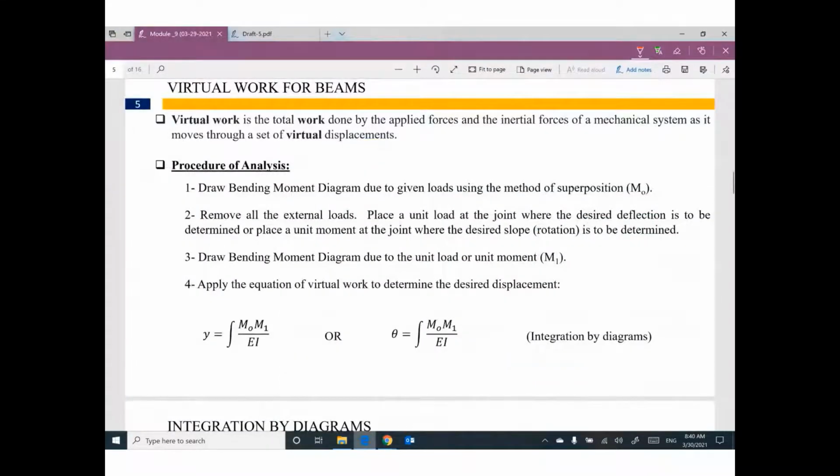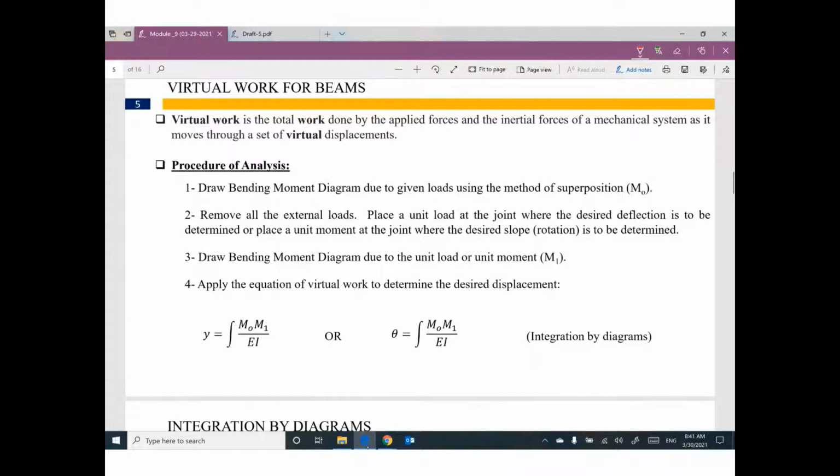Virtual work method is the total work done by the applied forces and the internal forces of a mechanical system as it moves through a set of virtual displacements. We don't need to understand this concept exactly, but the steps of solution. We have 4 steps.